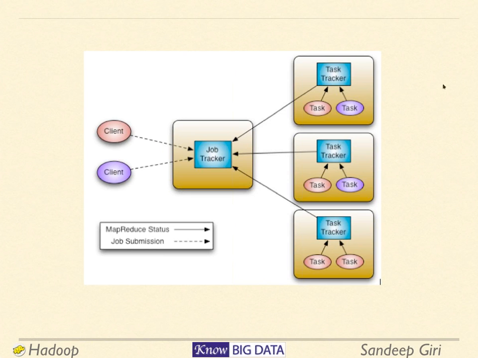That node will become your task tracker. So let me recap. You have a lot of data to churn. You told the job tracker that this is the input file for your program and you want to churn this data. The job tracker found out all the blocks with respect to this task and this input file, and on which data nodes this file exists.